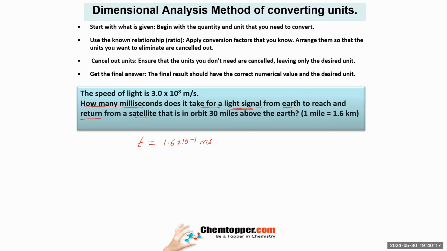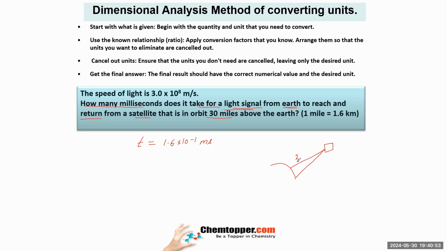So from Earth to satellite, and that satellite is 30 miles above the Earth. So if this is the Earth and this is the satellite, then the light signal goes from Earth to satellite and back to the Earth.